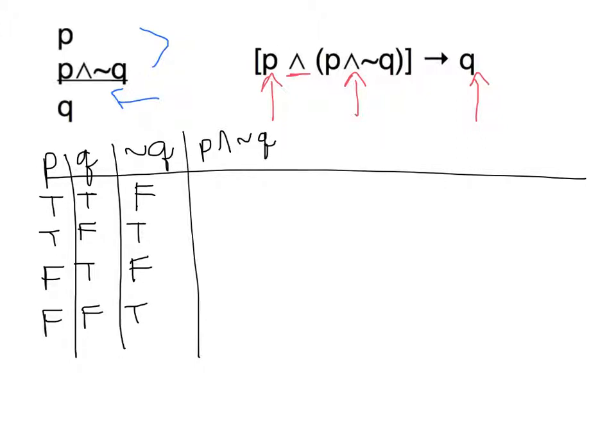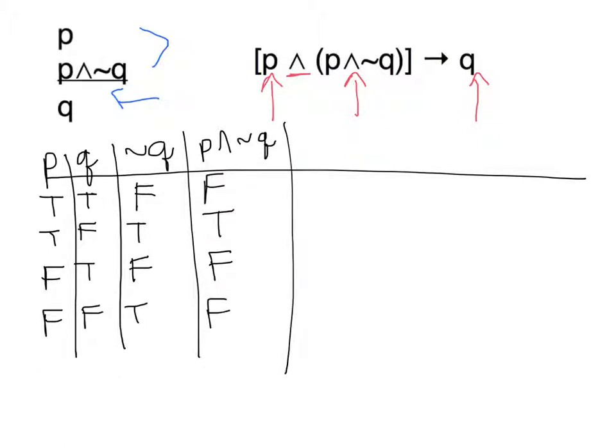So what we're looking at is this column here and this column here, and we need both of them to be true. We can see that happens here only in the second row. So this one is going to be true and the rest of them are going to be false.